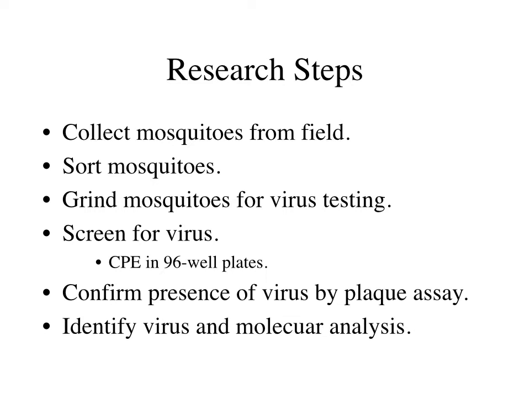Okay, so now we've collected mosquitoes, we've isolated virus from these mosquitoes, but now we have to confirm what virus it is. We have to identify the virus and then do molecular analysis of the virus. And we did this using several methods.